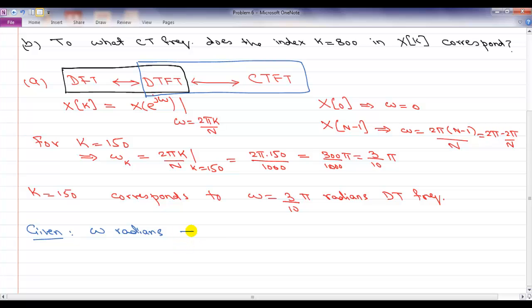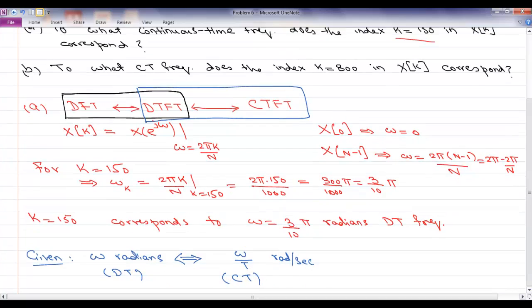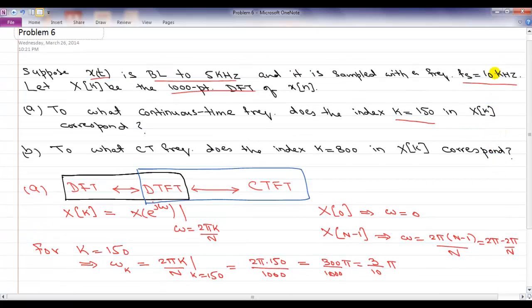Which frequency is that in continuous time? So omega radians in discrete time is equal to omega by T radians per second in continuous time. What is our capital T? It is 1 by 10,000. Right? It's 1 over 10 kilohertz.